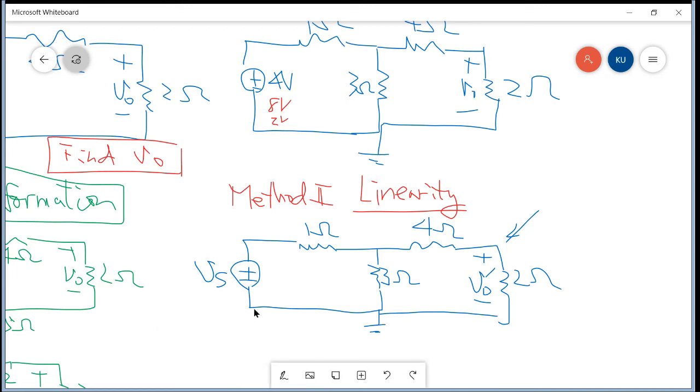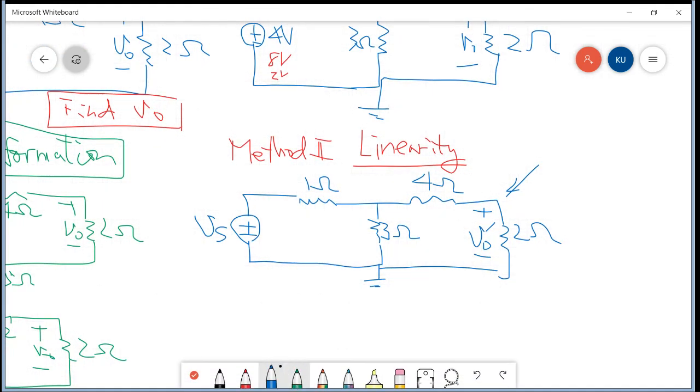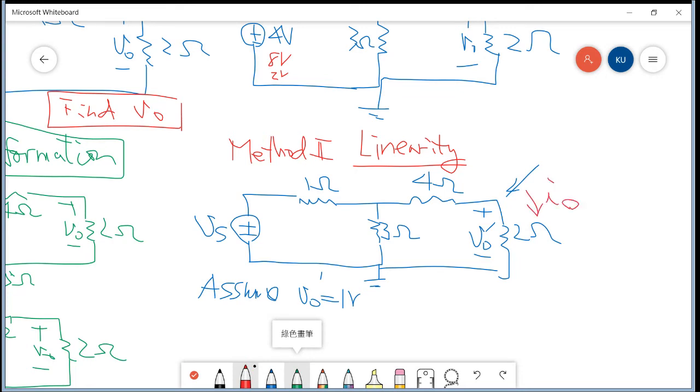So how about if we assume VO prime to be 1 volt? In this case this is IO, so IO will be 1/2, which is 0.5. Okay, so in this case V1 will be VO prime plus IO times 4.